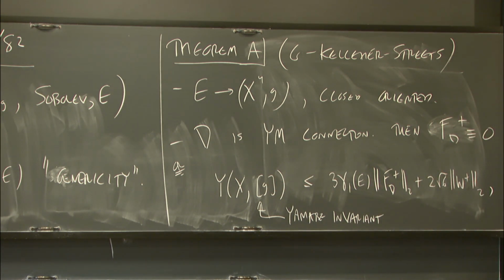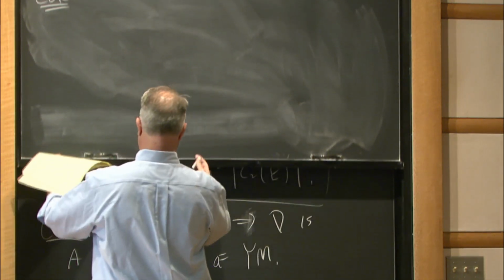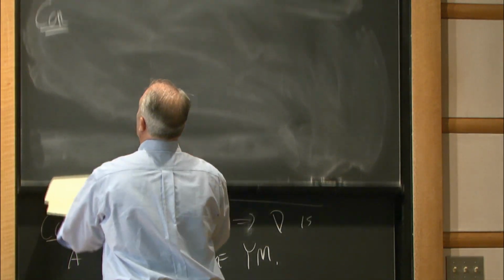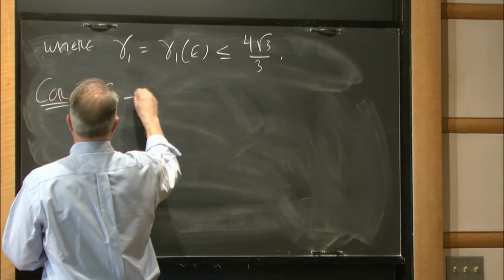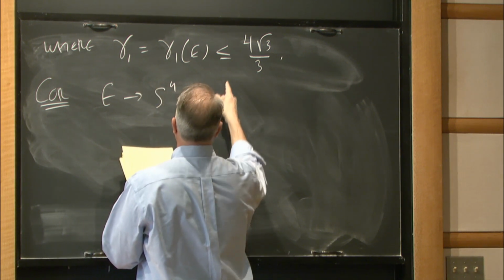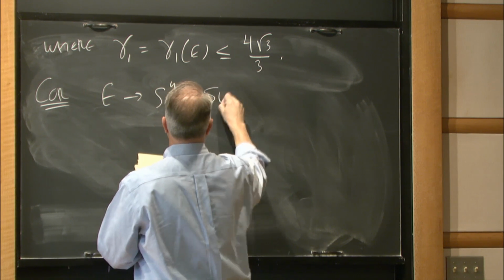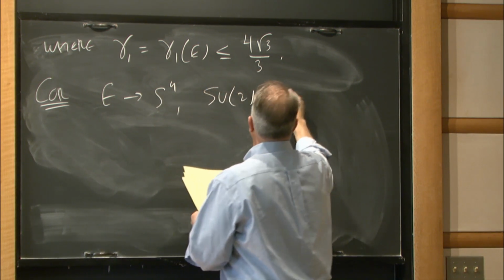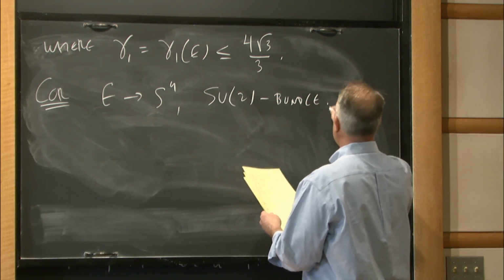But if you apply it to the sphere, let me just mention that, and I bet I erased it. I didn't. Hooray. Okay, so the corollary is that if you're looking at a bundle over the four-sphere, and so that we can pin down a value of gamma 1, let's say an SU(2) bundle, just because we know the explicit constant here.